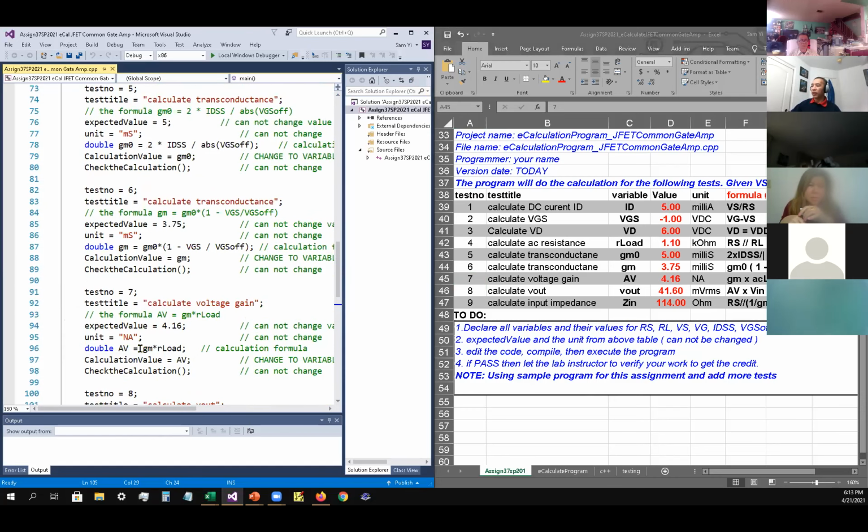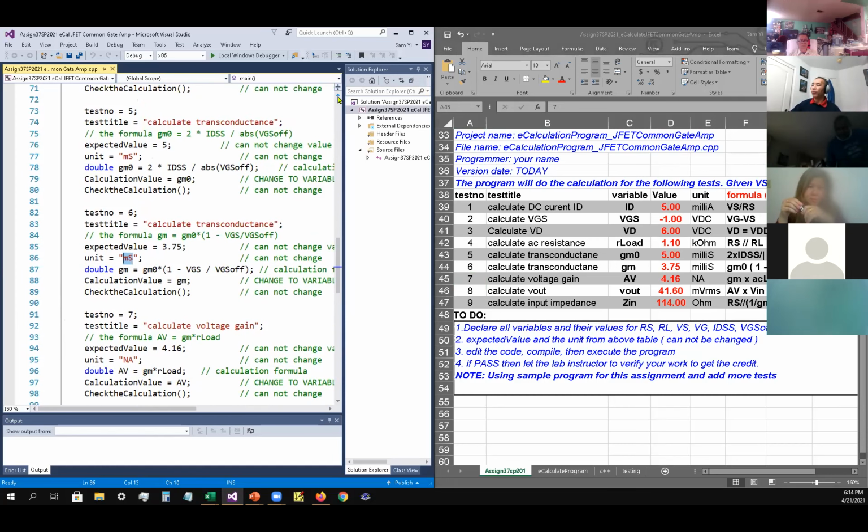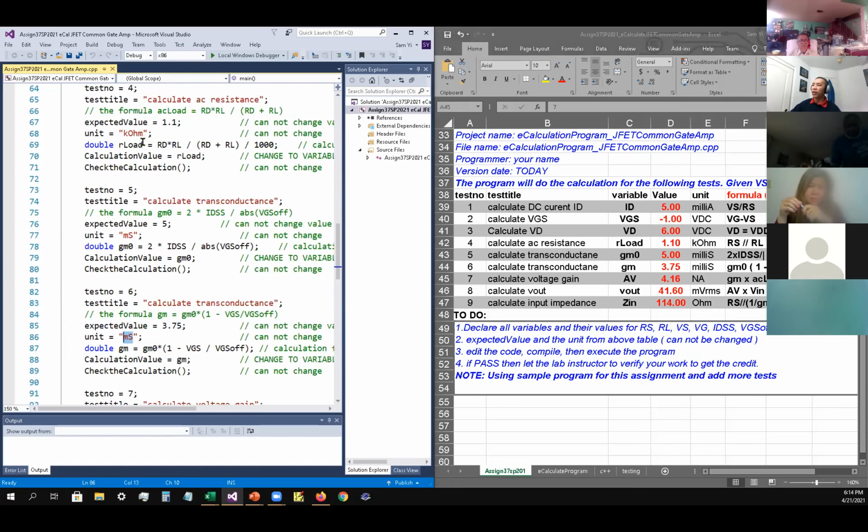The formula is just gm times the R load, because gm is in millisiemens and R load is in kilo ohms, so kilo ohm would undo the milli. So this is 1.1 times 3.7, which is 3.7 plus another 0.1, so that's going to be a little bit over 4.